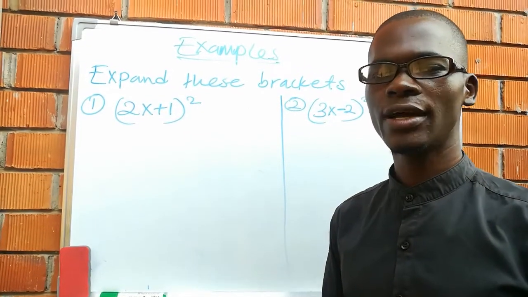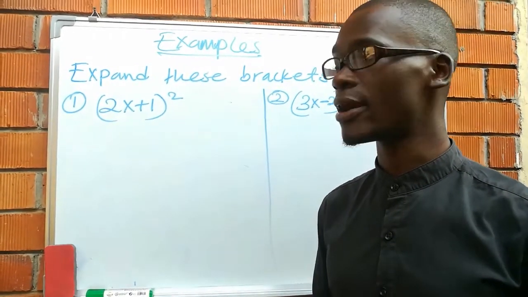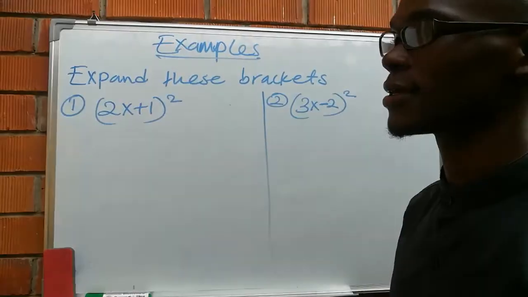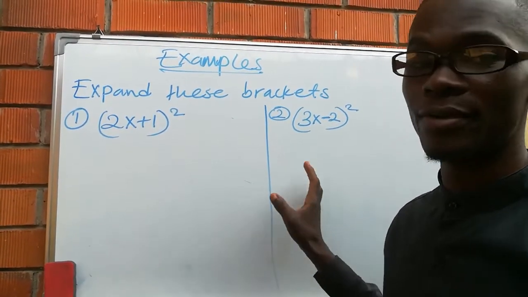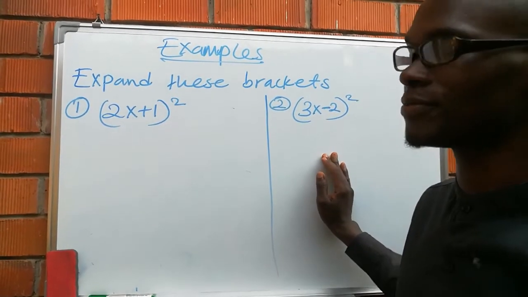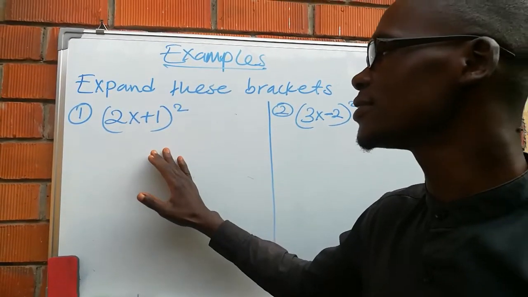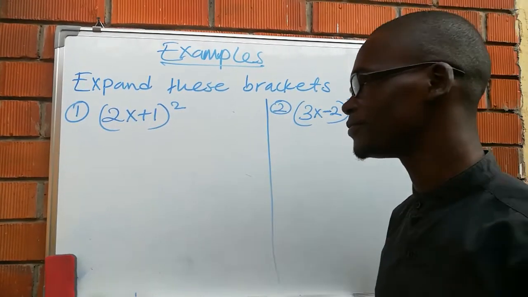So after looking at the identities, now let us look at the application of the identities or the examples. We are told to expand these brackets. Number one says x plus 1 into bracket squared.